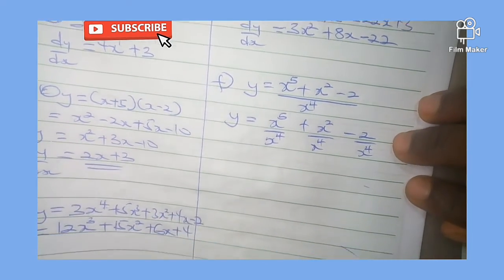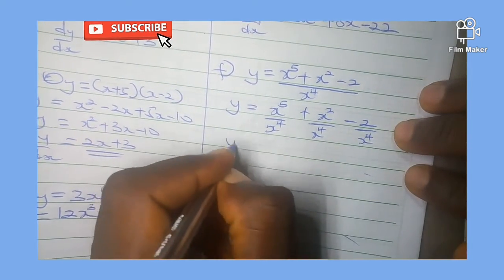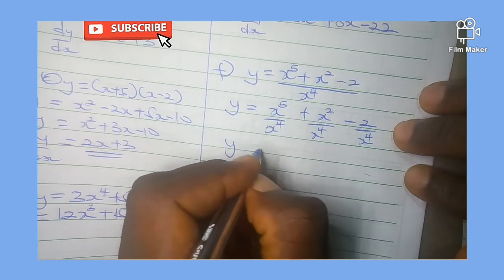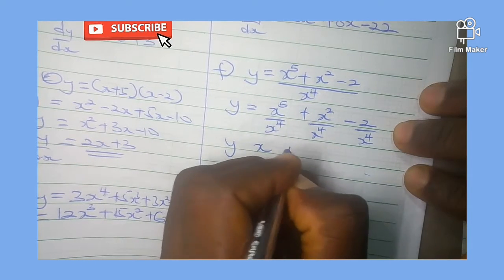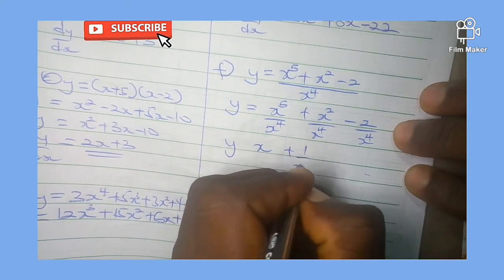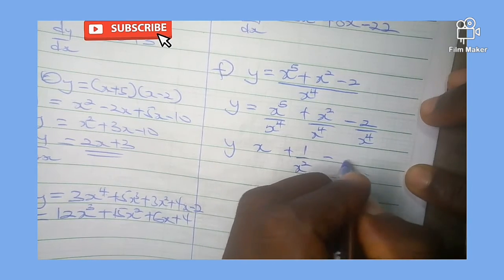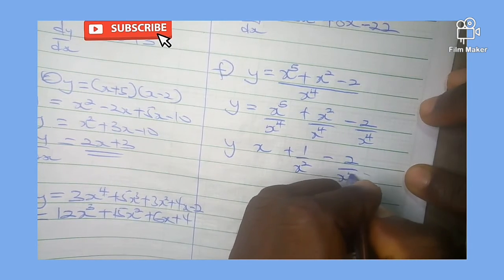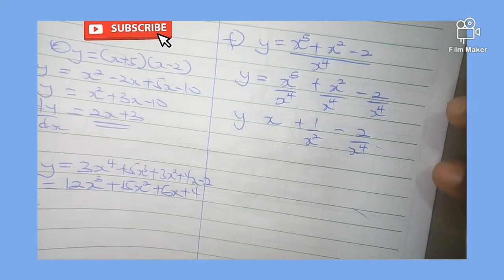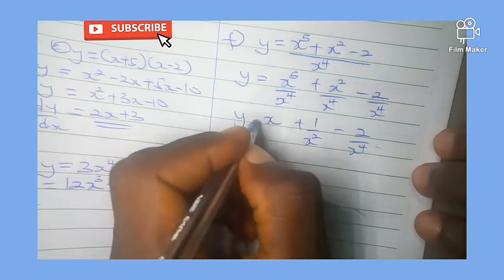Good. So you get x, plus here too you get 1 over x squared, minus 2 over x to the power 4.